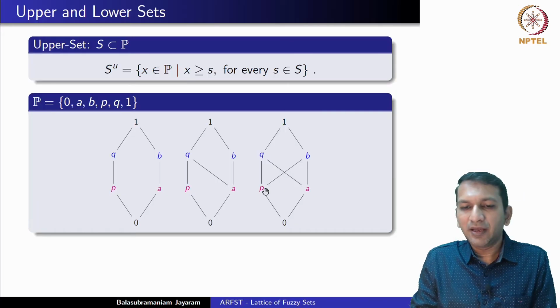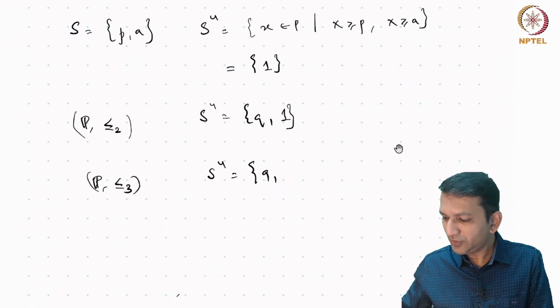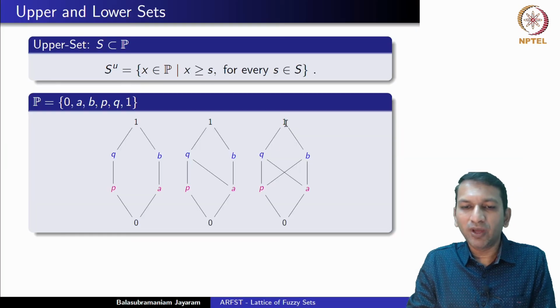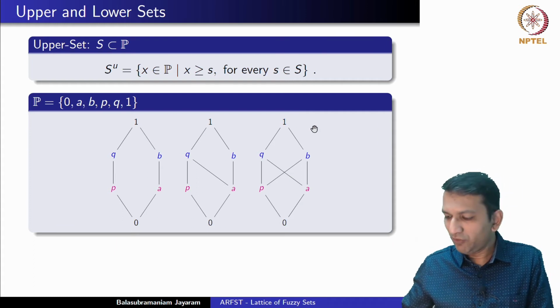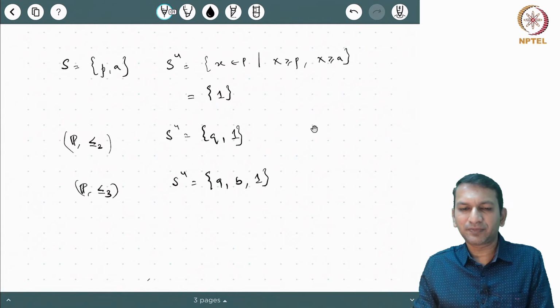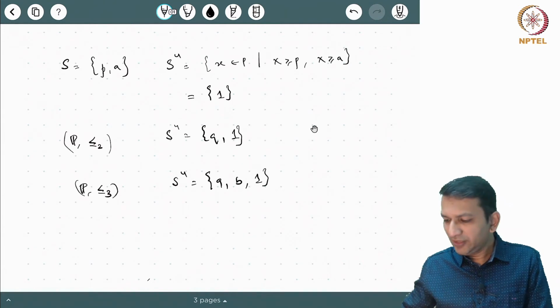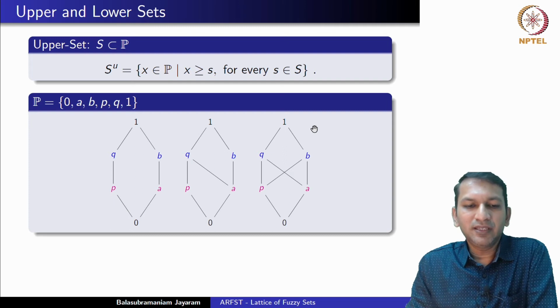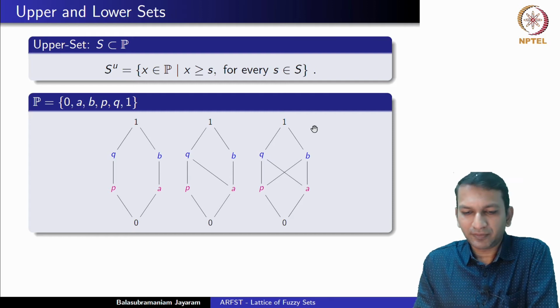P and A both are smaller than B, so B also will be here. And of course 1 we know is the top element, the upper bound for the entire set, so obviously 1 also will come here. So you see here that when we consider the same subset S, depending on the ordering, the upper set of S varies.